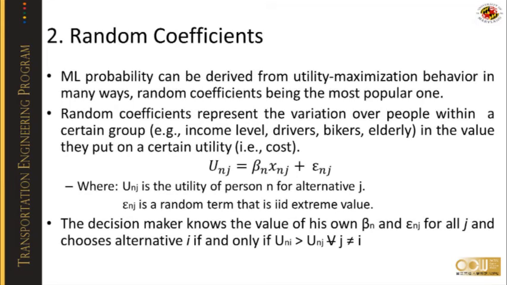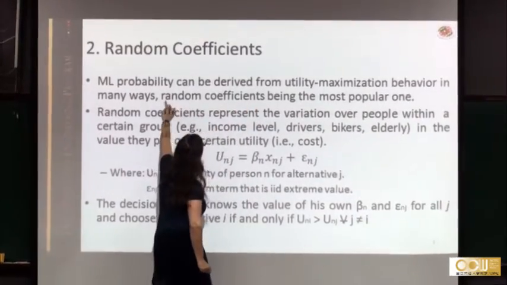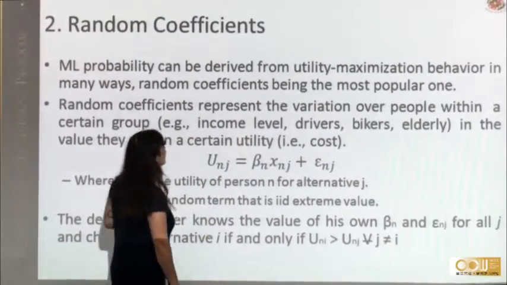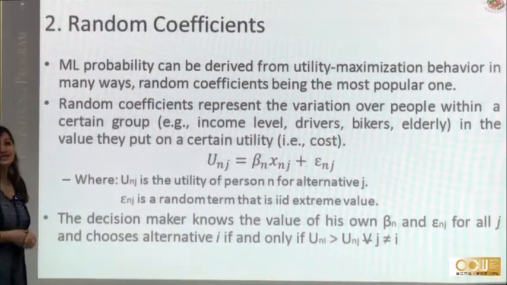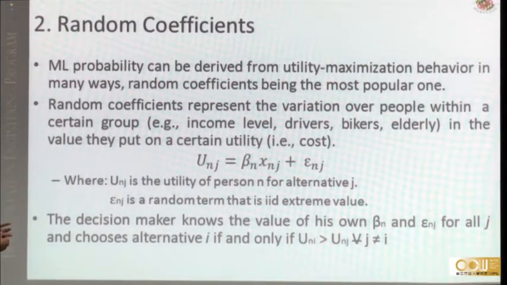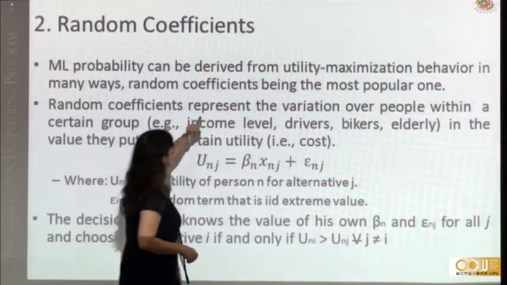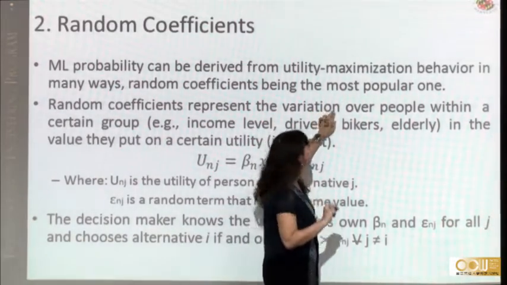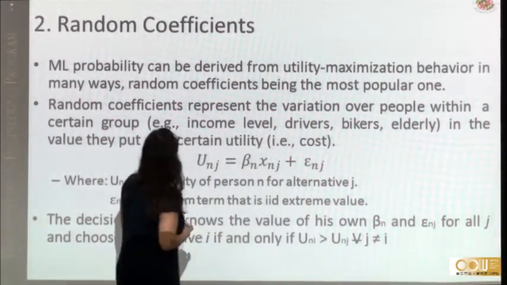As I was saying, there are two possible specifications here. The first specification that you are going to see is this random coefficient specification, which is probably the most popular one. And you will see why. It's because mainly we are using mixed logit to represent the taste variation over people within a certain group.